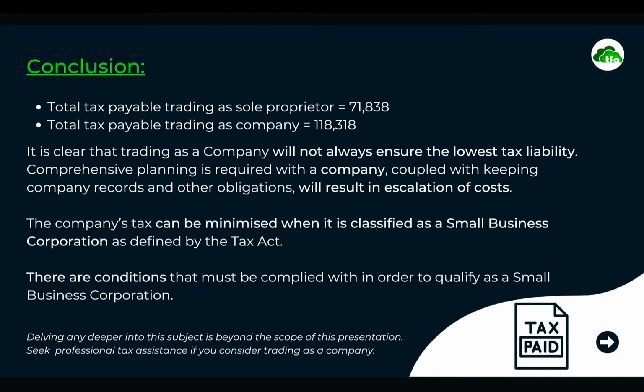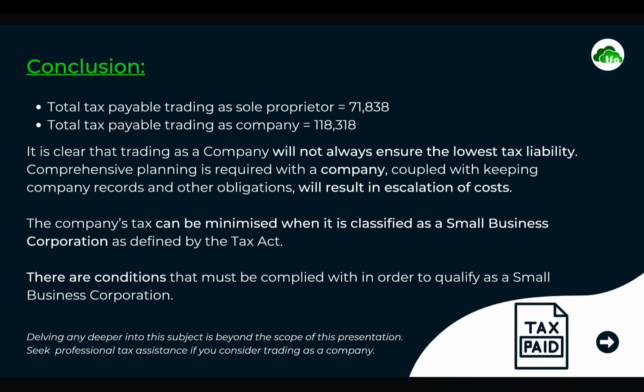It is clear that trading as a company will not always ensure the lowest tax liability. Comprehensive planning is required with a company, coupled with keeping company records and other obligations, which will result in an escalation of costs. The company's tax can be minimized when it is classified as a small business corporation, as defined by the Tax Act.